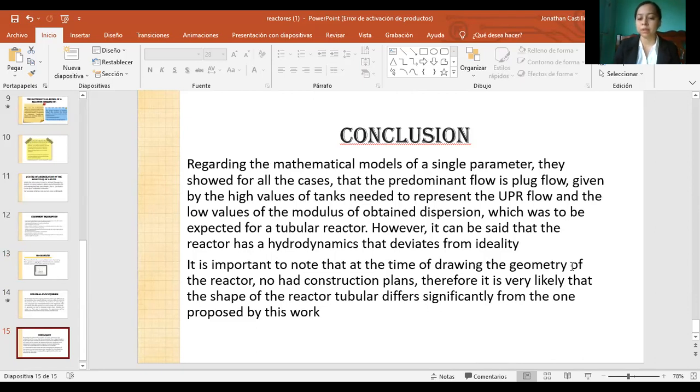However, it can be stated that the reactor has a hydrodynamic behavior that deviates from ideality. It's important to note that at the time of drawing the geometry of the reactor there were no construction plans, therefore it is very likely that the real shape of the tubular reactor differs significantly from the one proposed in this work.